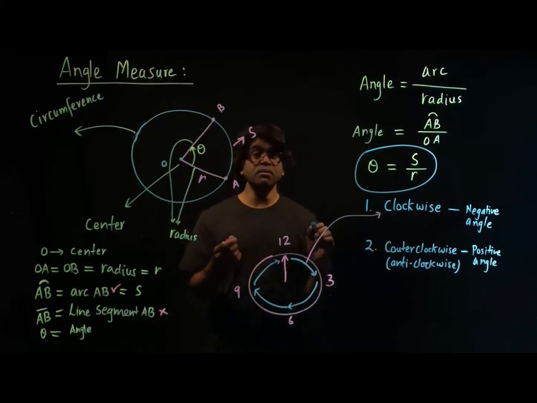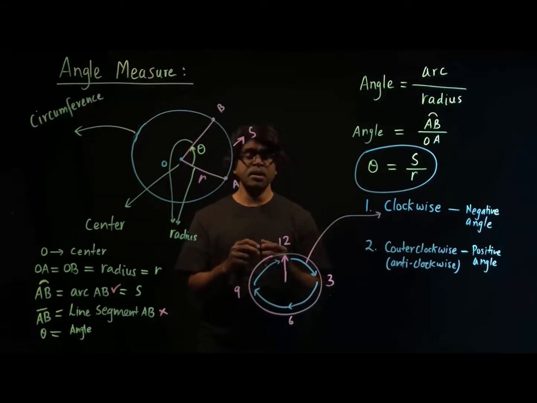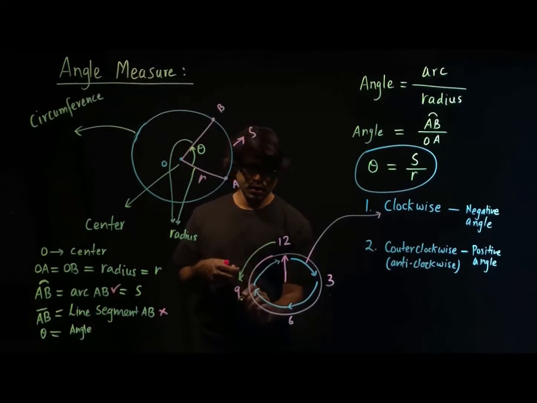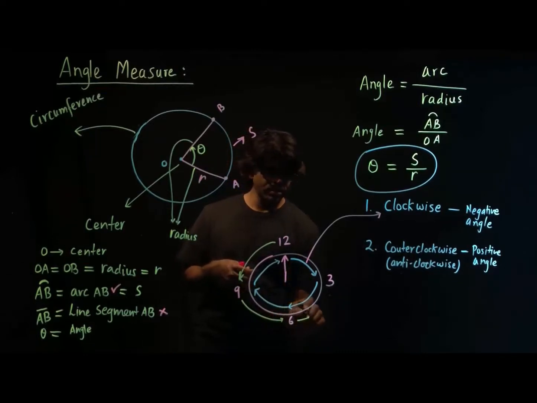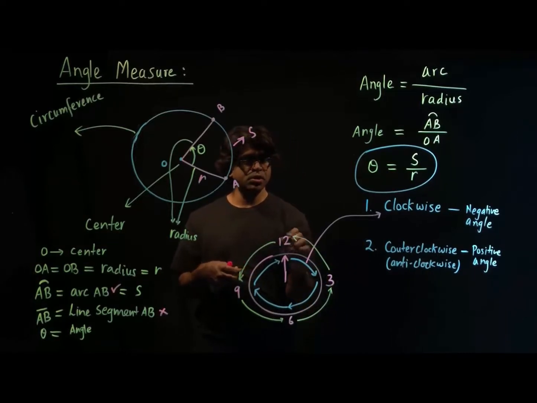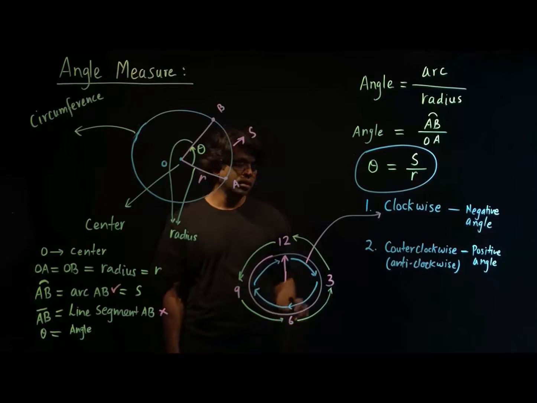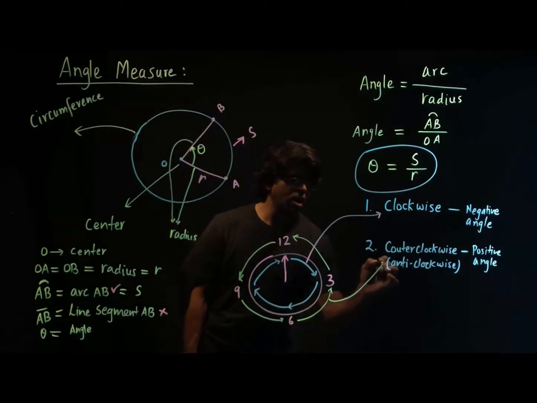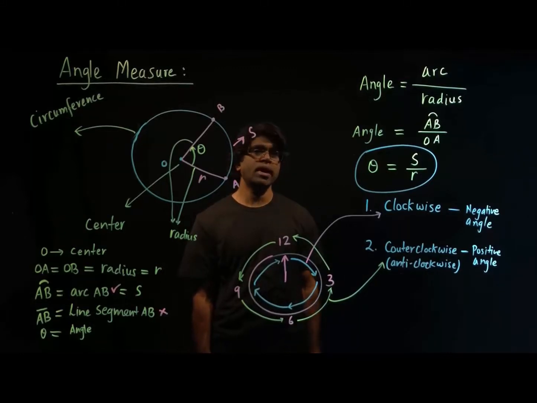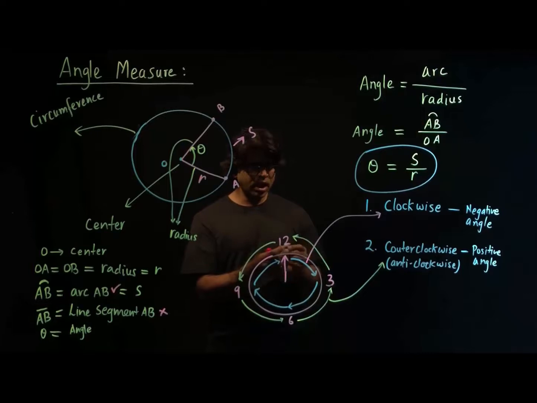Now, if I have a clock that goes from 12 to 9, 9 to 6, 6 to 3, and then 3 to 12, then this movement of the clock is known as counterclockwise.